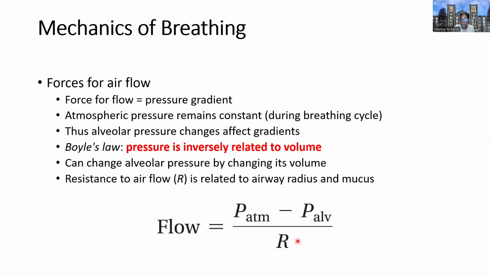And that is divided by resistance, any impedance to flow, the radius size, which can increase resistance, and the additional mucus, which can increase resistance. Now, in terms of the intraalveolar pressure, this is going to be changing owing to Boyle's law. We'll talk about how the volume changes first, the pressure changes second, and then we can change the direction of our pressure gradient and drive flow either into the lungs or out of the lungs.